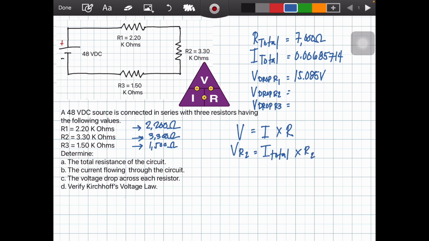VR2 is equals to the total current, 0.0068574 amperes, multiplied by R2, and the value of R2 is 3,300 ohms.